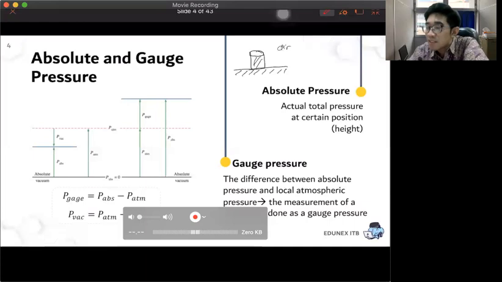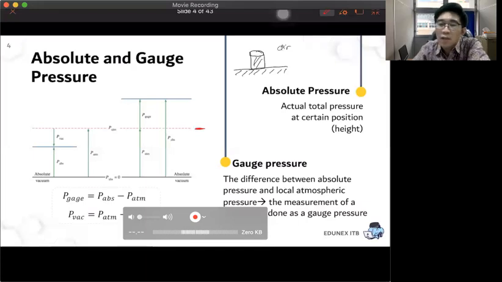So if the system, the cylinder, is open, it means it's connected to the outside environment. Then the pressure in the cylinder, in the system, will be the same as the pressure outside the cylinder. And the value will be the atmospheric pressure.